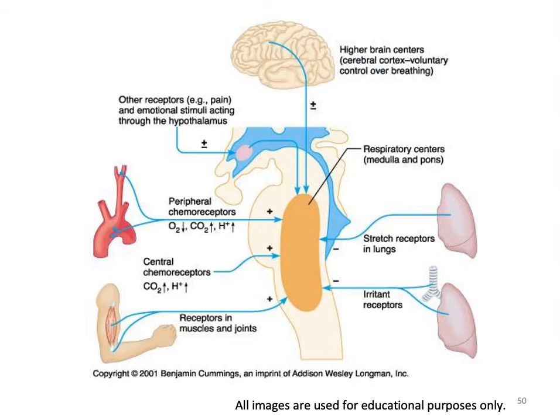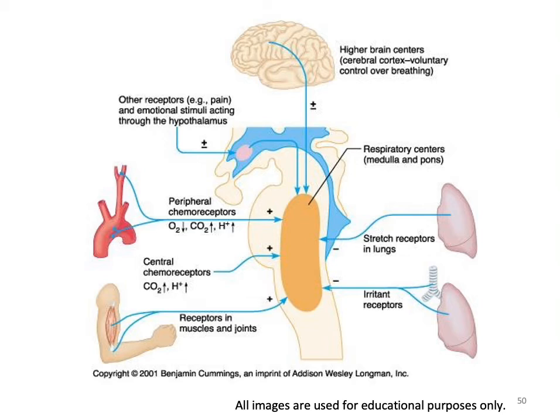So this diagram is a summary showing the relation between the receptors and the respiratory center, or respiratory controller center. The receptors are located in different organs or systems, such as in the lungs, where there are stretch receptors and irritant receptors.